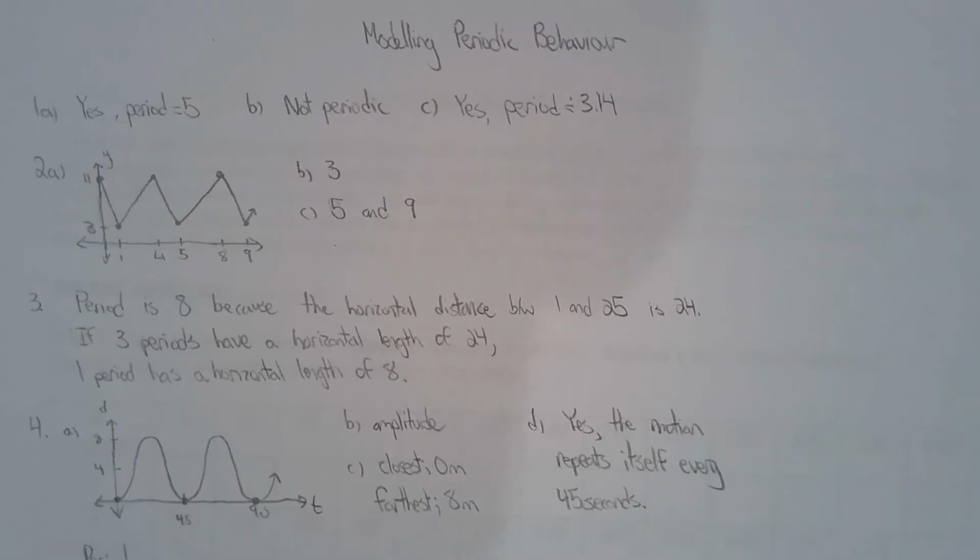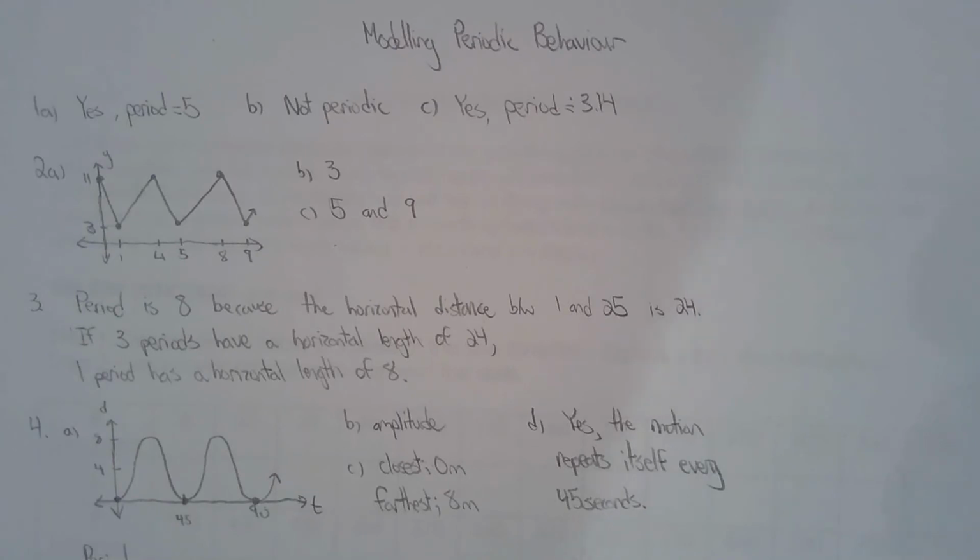All right, perfect. For question 4, we're trying to look for the distance of the luggage here. So it reaches a maximum distance of 8, and I guess you can say the luggage is right beside you at the minimum. So the minimum distance is 0 and the maximum distance is 8 meters, because the radius is 4 meters and the period is 45 seconds. So that's why this graph repeats itself after every 45 seconds.